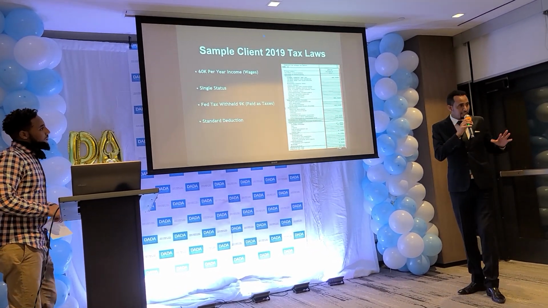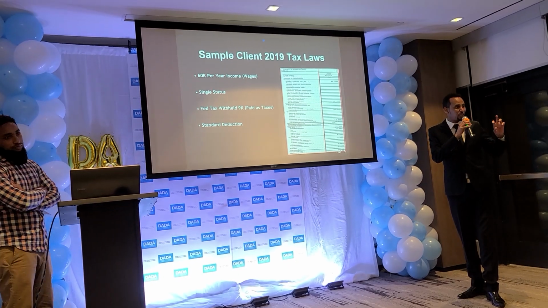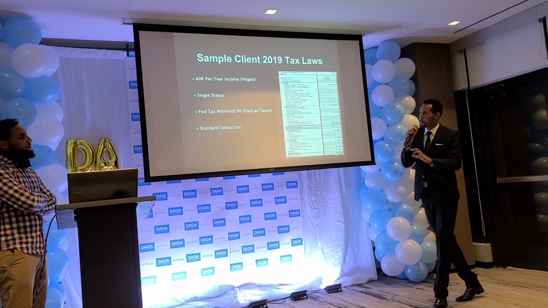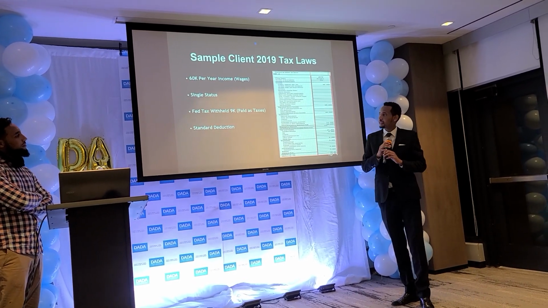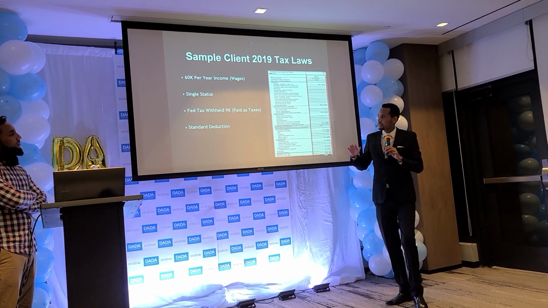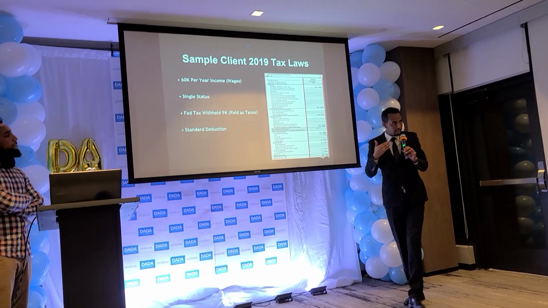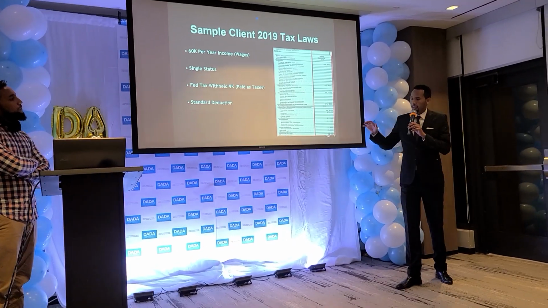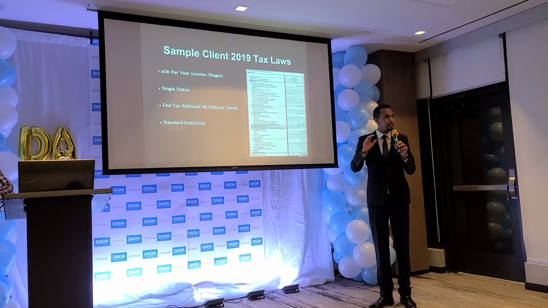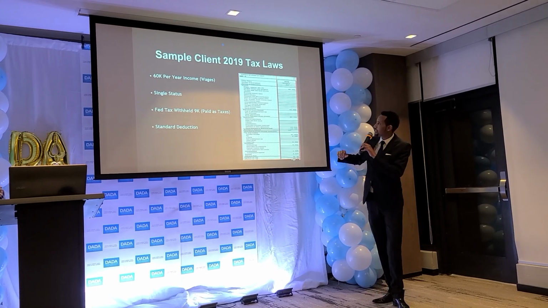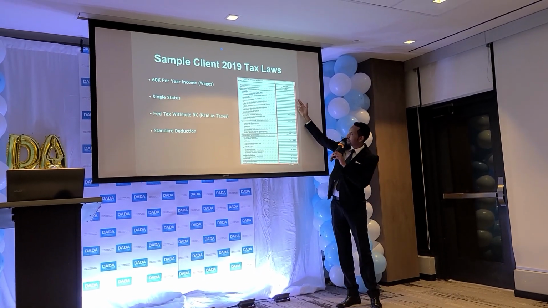So let's say, Uncle Sammy said, Robert said, let's have one sample employee. Somebody who makes 60K per year, single status, and he paid federal tax of 9,000 from his payroll deductions as a W-2 employee. And then he's taking the standard deduction, not itemized deduction. With that, we are saying he makes 60,000.